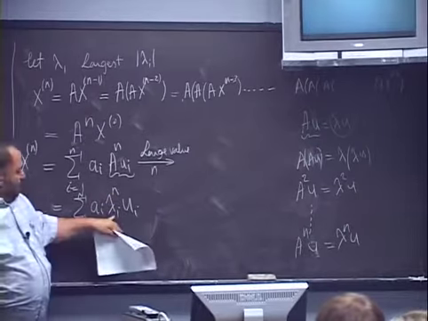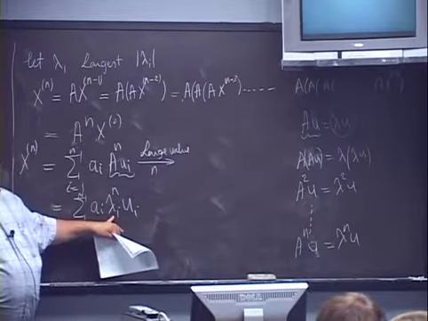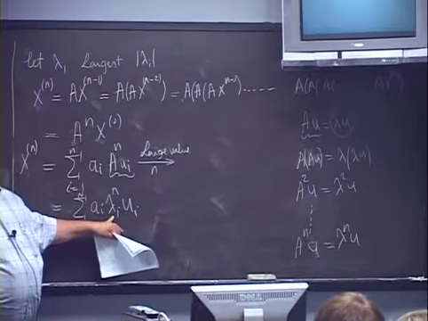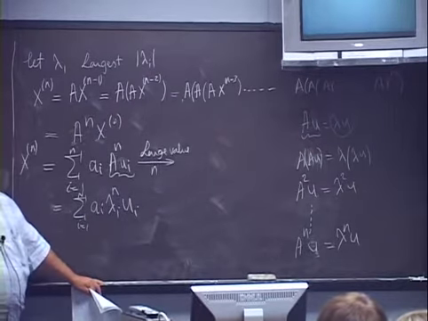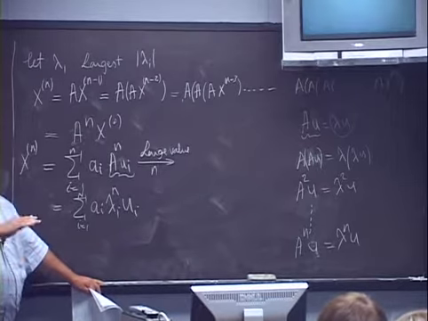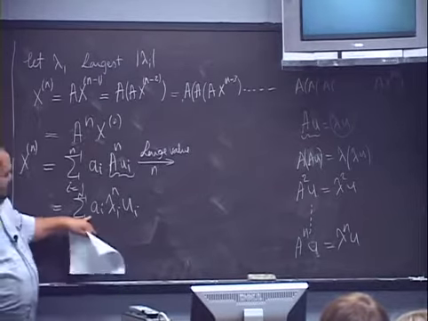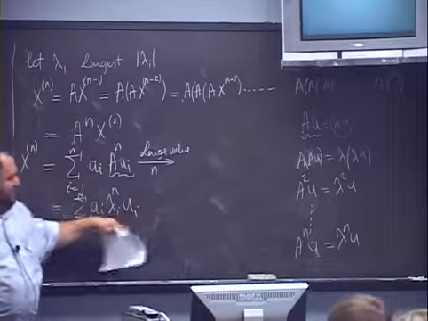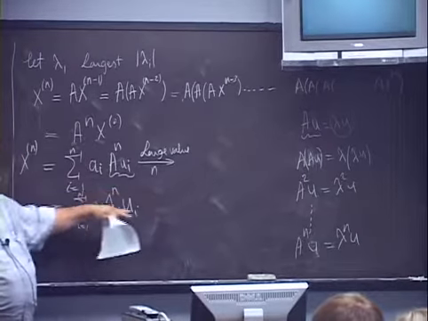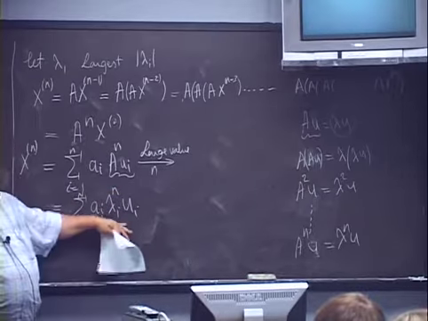But we assumed from the very beginning that lambda 1 is the largest value. Let's assume that the eigenvalues are less than 1. So whenever you increase n, what will be the largest component here?